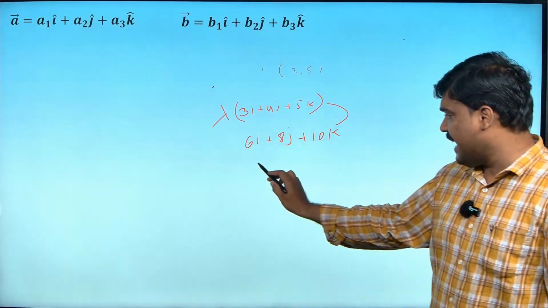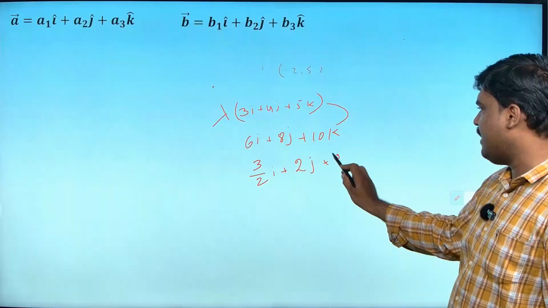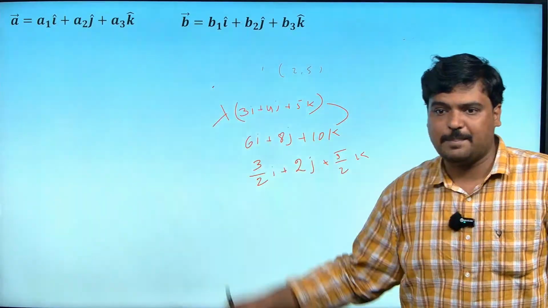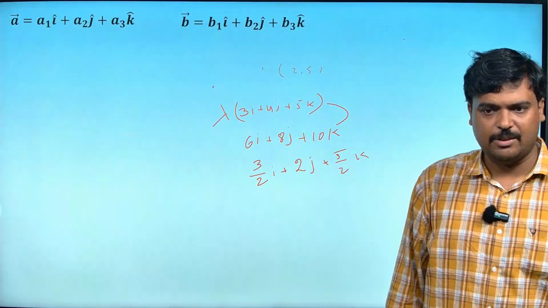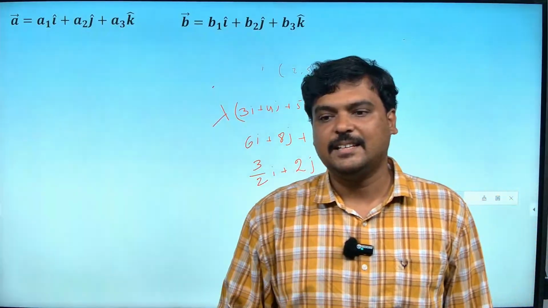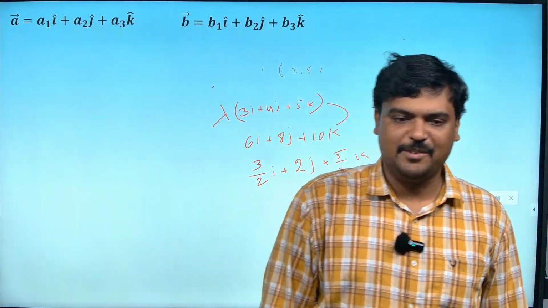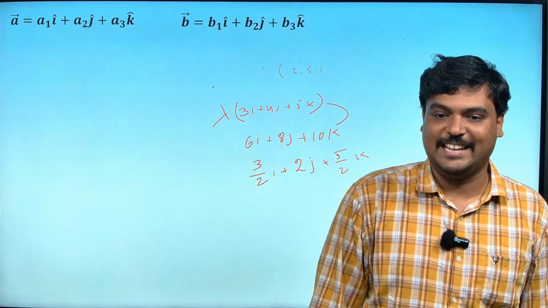See, it can be even like this, 3 by 2 i plus 2j plus 5 by 2 k. Sir, 1 by 2 multiply ஆயிருக்கு சார். Yes, it can be anything. It can be a negative number, no issues. Multiply ஆயிருக்கா, then those vectors are going to be the same direction. நான் ஏற்கனவே இது ஒரு எக்ஸாம்பிள் சொன்னேன், அந்த எக்ஸாம்பிளுக்கு நிறைய பேர் பயங்கரமா கமெண்ட்லாம் பண்ணிட்டு இருந்தீங்க.